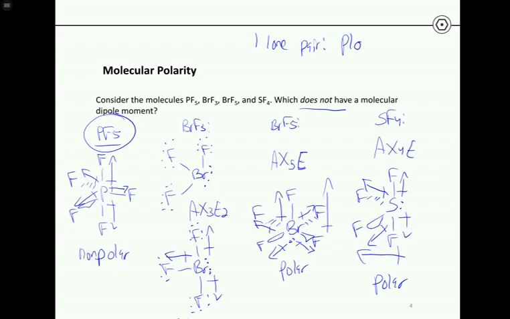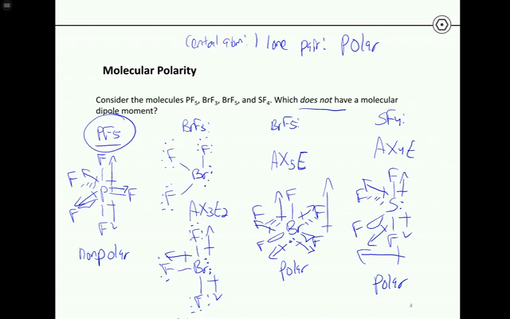We don't really care about the lone pairs on the outer atoms. So if our central atom has 1 lone pair, then it's going to be polar. If the central atom has 2 lone pairs, then you have to think about the actual structure. So AX3E2 is polar, but AX4E2 would not be polar.